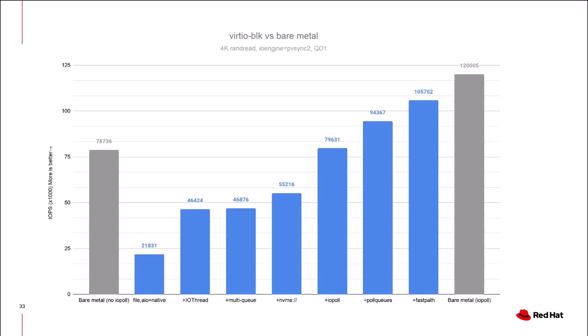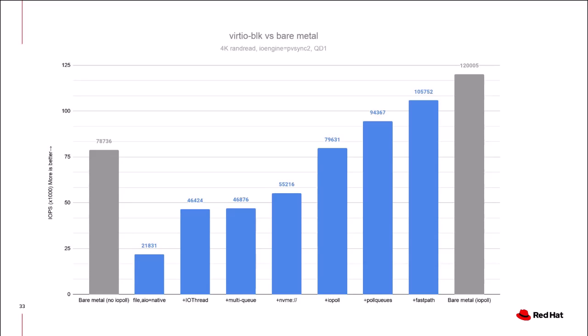Here we are. This is the final incremental graph applying all of these optimizations on top of each other and how far it gets us. On the left-hand side, the starting position, we look at bare metal without iopoll, which is at 78K IOPS. Now, when we configure QEMU with file AIO equals native, a standard non-optimized setup, and we don't use the IO thread, we start at 21K IOPS.